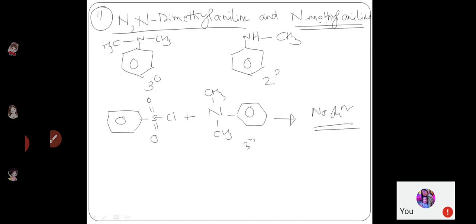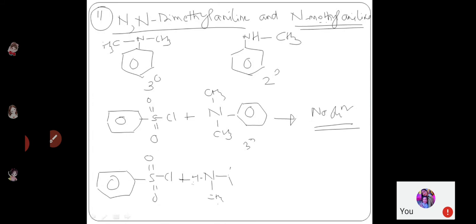Then next, S double bonded, benzene sulfonyl chloride, then N-methyl aniline. Always keep nitrogen first in the Hinsberg reagent test. So H, then here is your CH3, then benzene ring.